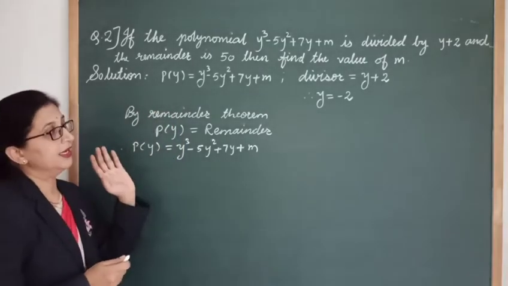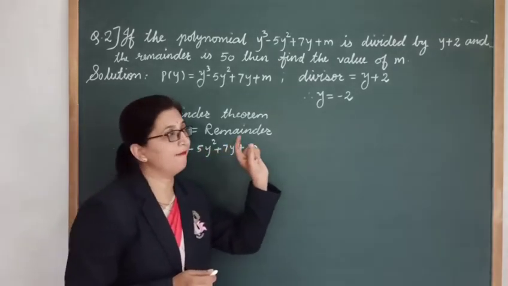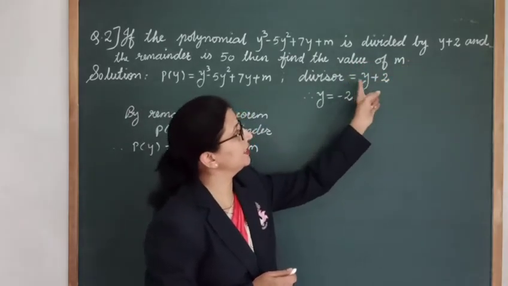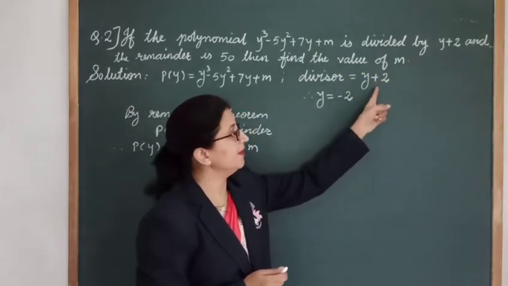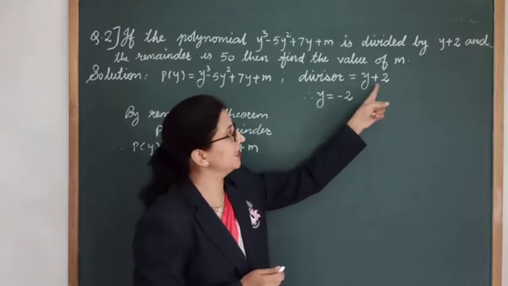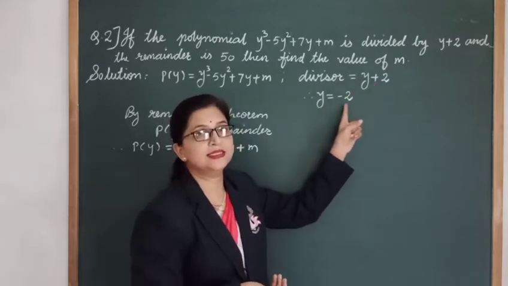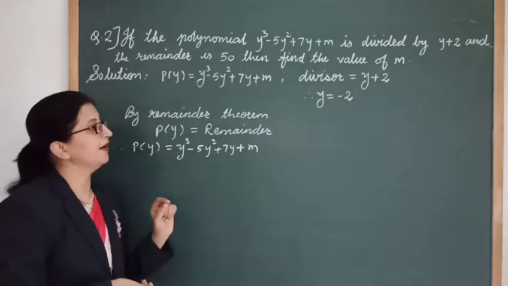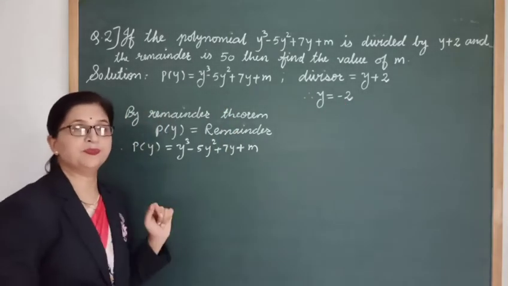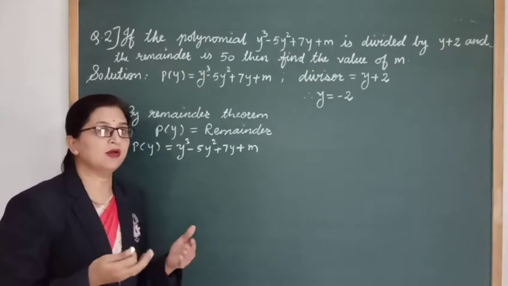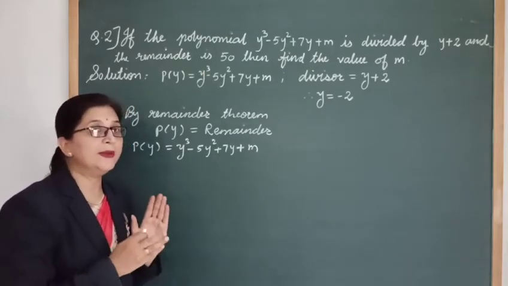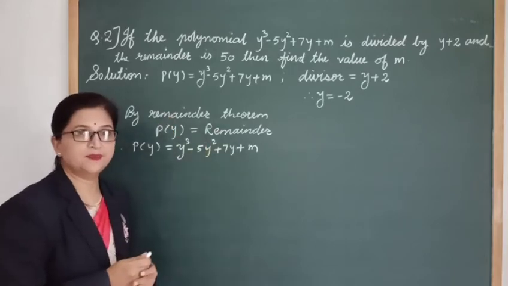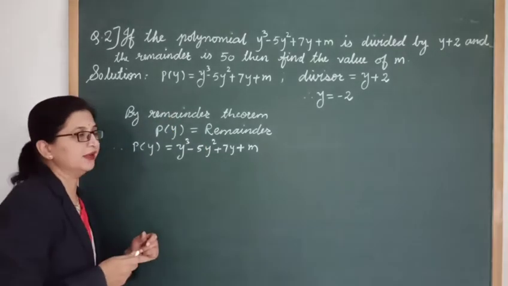Now here, instead of the value of the variable, we are given the divisor. The divisor is y plus 2. It means the value of y, as here plus 2 is there, will be its opposite, that is -2. And the remainder is given as 50. In the remainder theorem we have learned that the value of the polynomial is equal to the remainder, right? So let's use the remainder theorem.